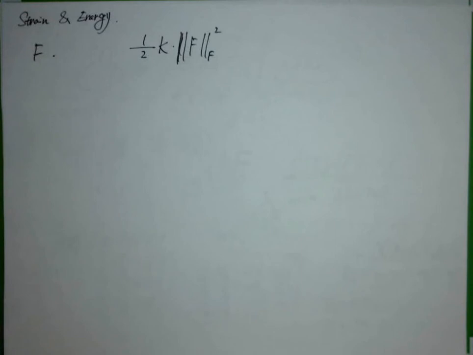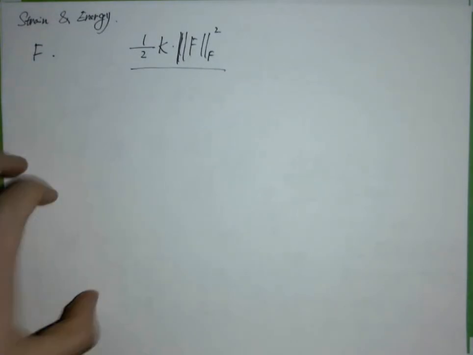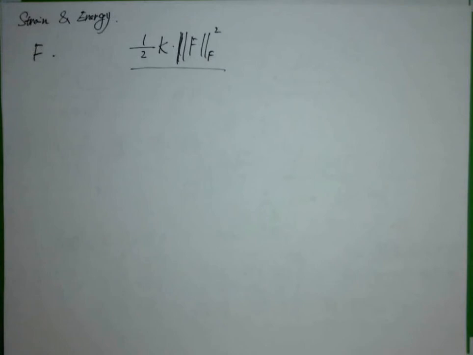I just made it up by myself, but it is clearly wrong, because when does this energy go to 0 or to the smallest value? When F is 0. Right, when all elements in this F matrix are 0.